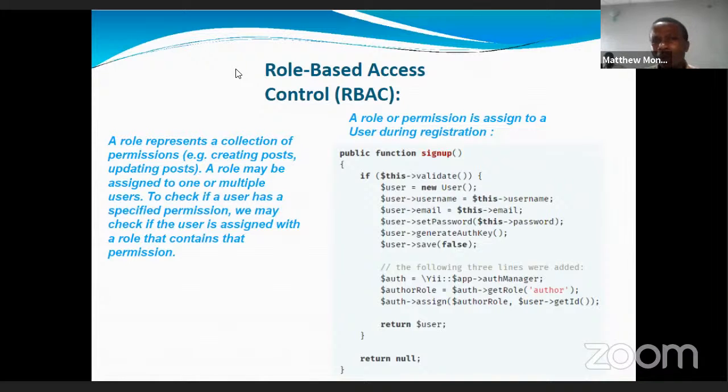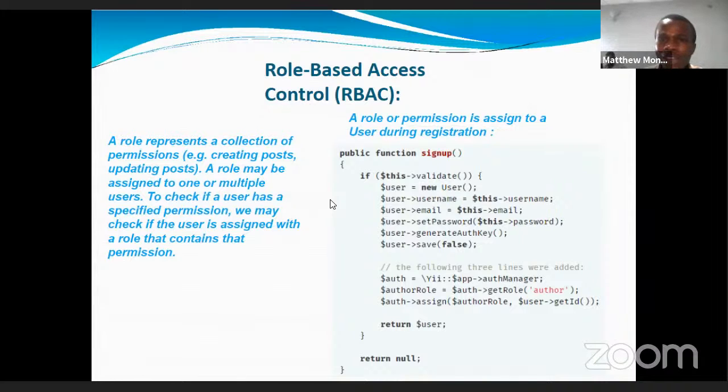You can see role-based access control is very robust indeed, which means the moment you are able to give all the old roles to each user that is signing up, you don't need to bother about trying to check who the user is, if he is an author or not.